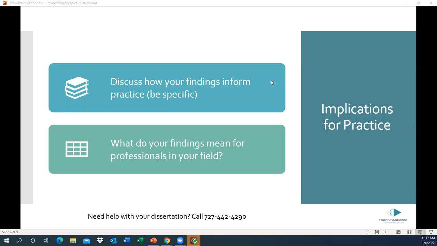This is just an example. If they do, what form could that take? Could it be increased funding for things like conferences? Could it be more training sessions, on-site professional development, workshops, things like that? So implications for practice can get specific, and they should be linked to what you found.